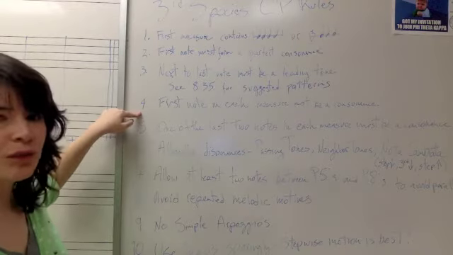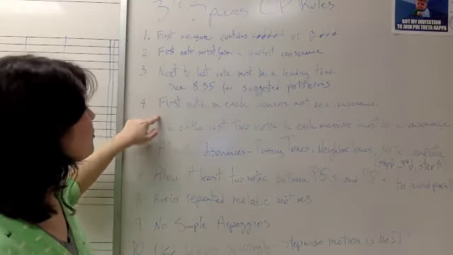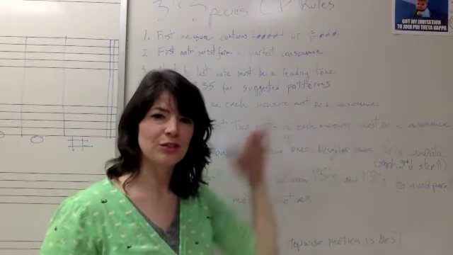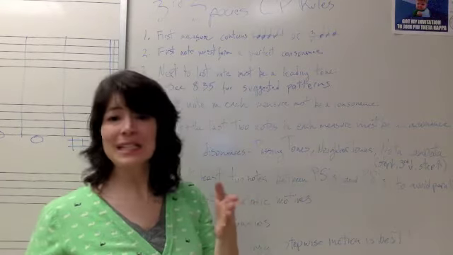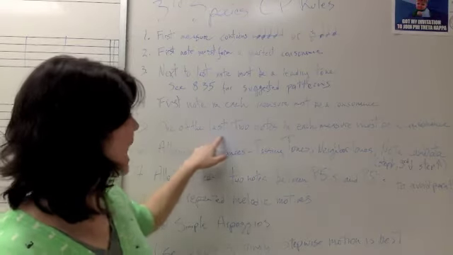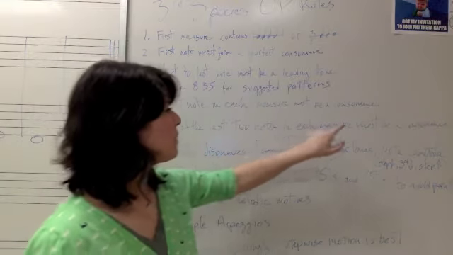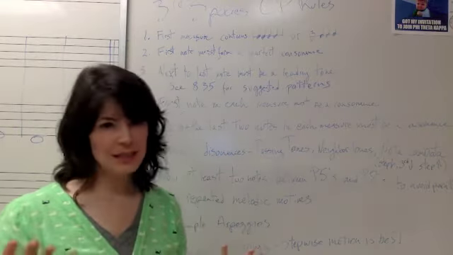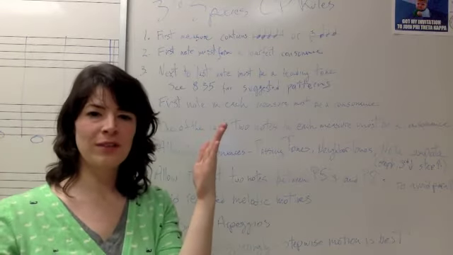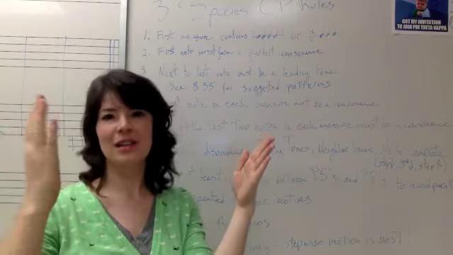Next rule. Now this is more specific to third species counterpoint. The first note in each measure must be a consonance, all right? So the first beat in each measure has to be a consonance. And then one of the last 2 beats, so beat 3 or 4, in each measure must be a consonance. So the others can be dissonances as long as the first beat and one of the beats, either 3 or 4, in the second half of the measure is a consonance.